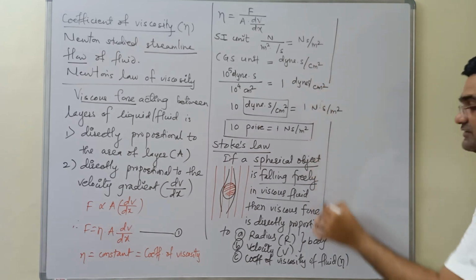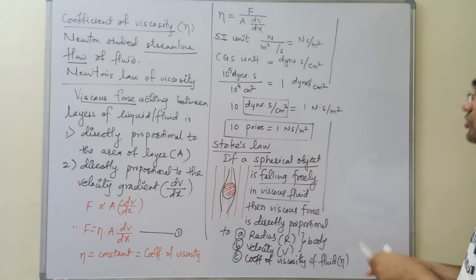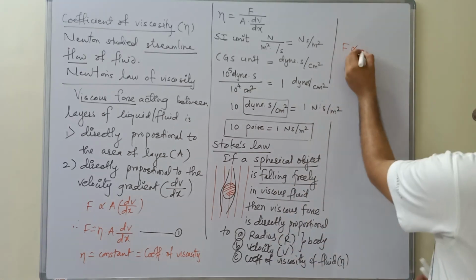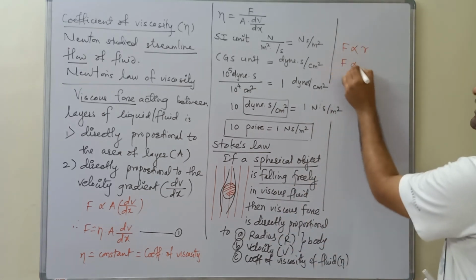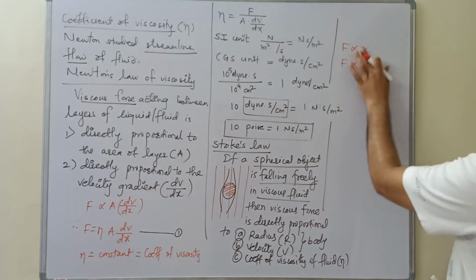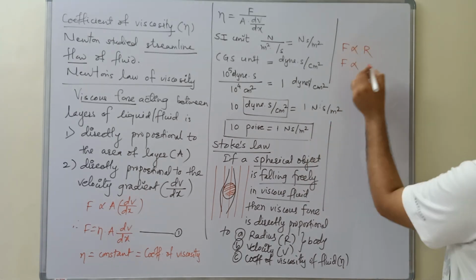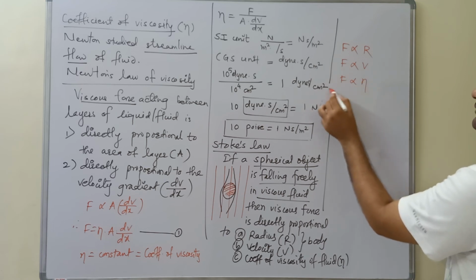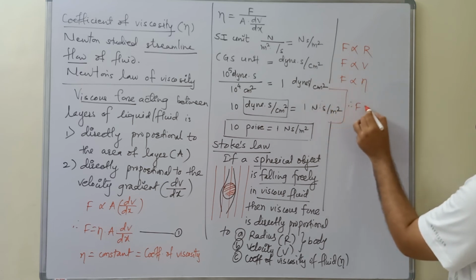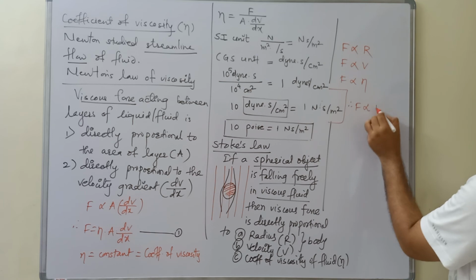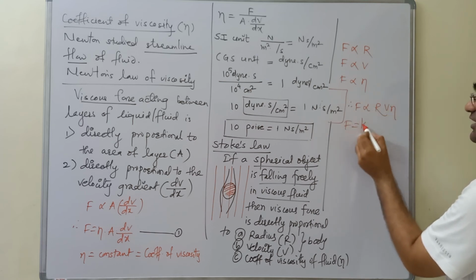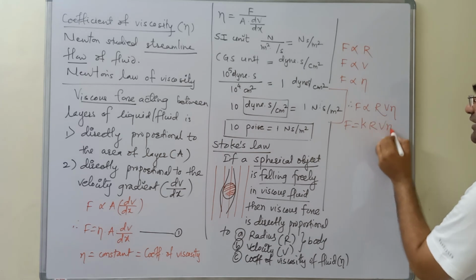So if I combine these three, according to Stokes' law, force is directly proportional to radius R, directly proportional to velocity v, and directly proportional to eta. Therefore F is directly proportional to R v eta, so F equals K into R v eta.